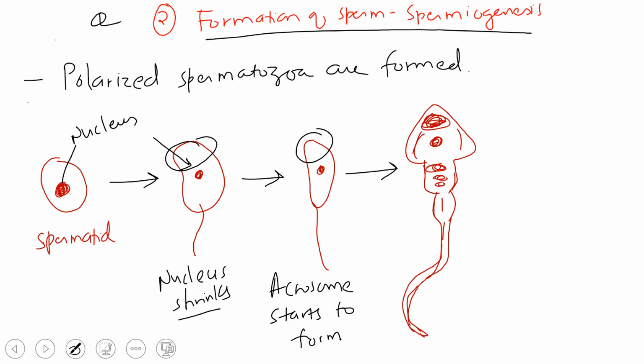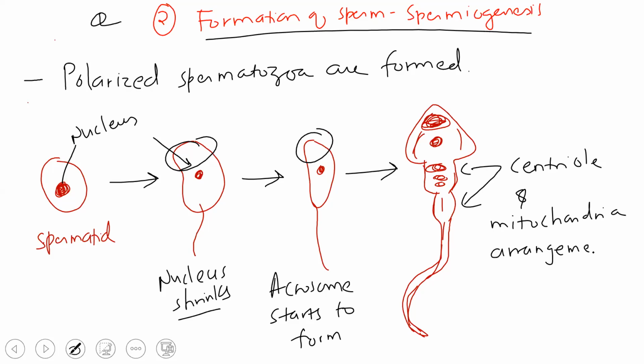The acrosome starts to form. Cytoplasm is lost. The acrosome is formed from the Golgi apparatus, cytoplasm is lost, and centriole and mitochondria rearrangement will happen over here. This part is the acrosome.